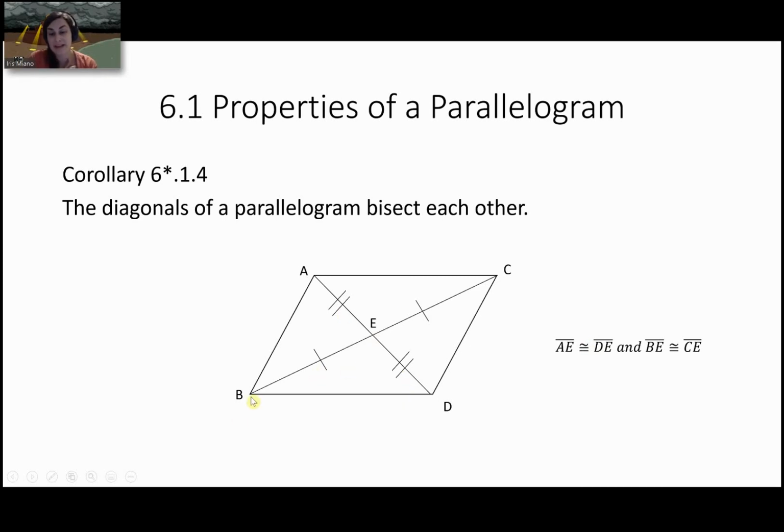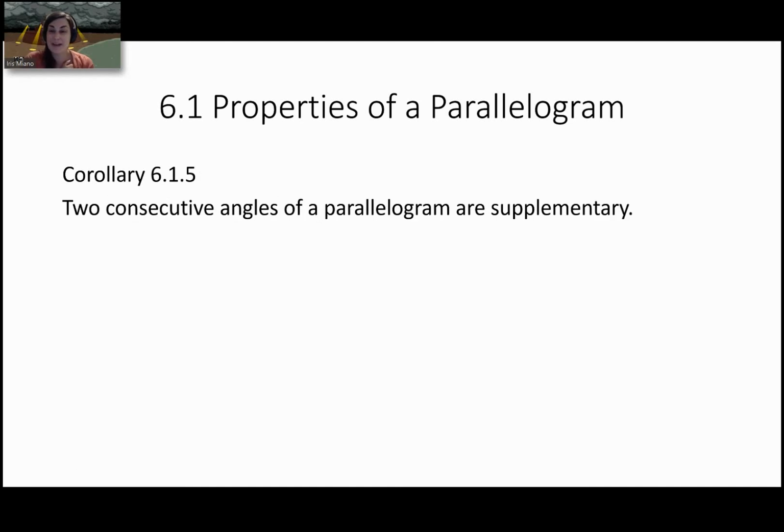Similarly but distinctly, BC diagonal is cut in half by the other diagonal AD, and therefore creates line segments BE and CE, and they're a congruent pair of line segments, according to this corollary. Cool. All right, moving on.